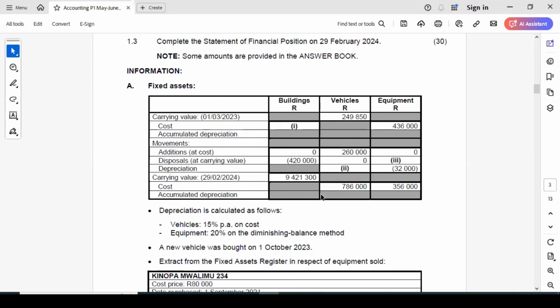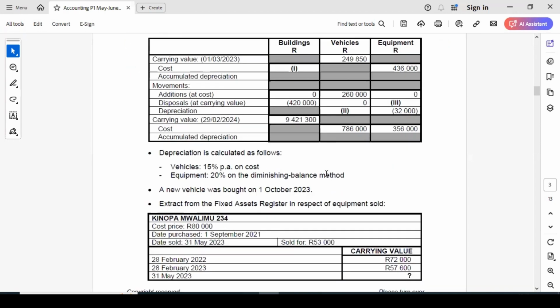We also have cost at the end of the year, which was 786,000 rands. These two amounts, the cost and additions at cost, are going to help us calculate how much the depreciation is for the year.